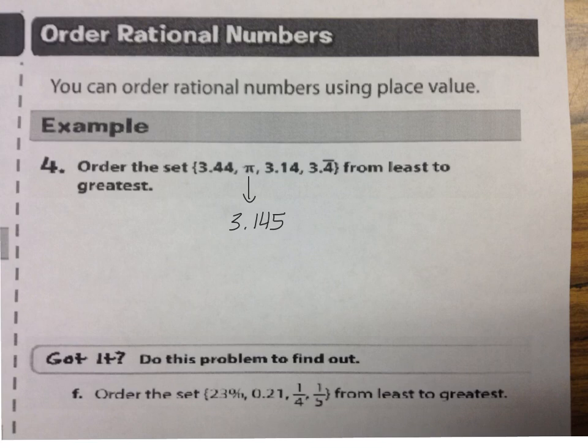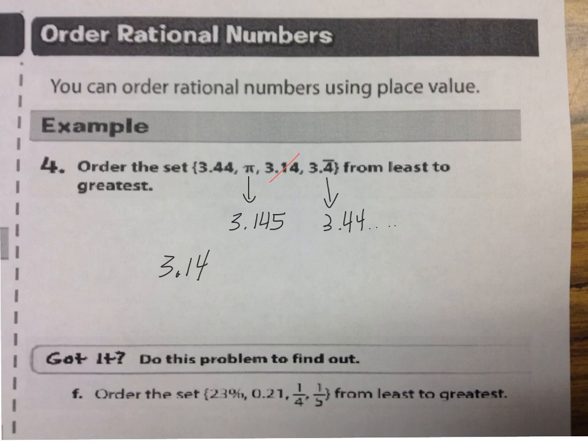Okay, so 3.14 stays the same, and then we just have to remember that 3.44 repeating is 3.44 and it just keeps going, and 3.4 repeating is 3.4, and they're all 4s. Okay, so least to greatest, the smallest would have to be 3.14. And it really helps after you do it just to cross out the ones you've done.